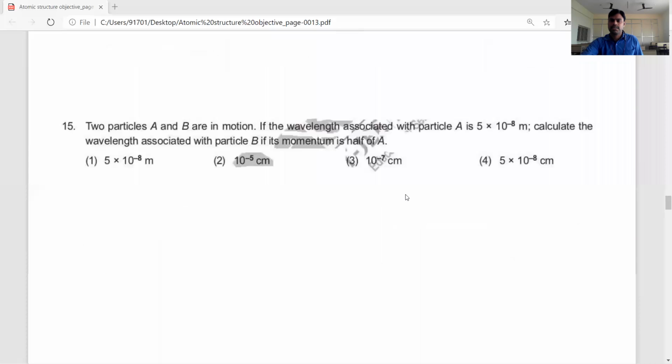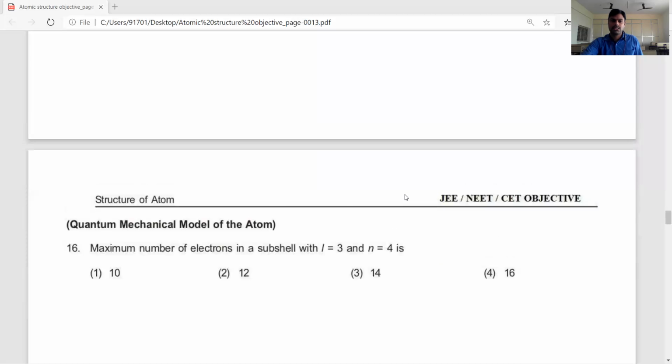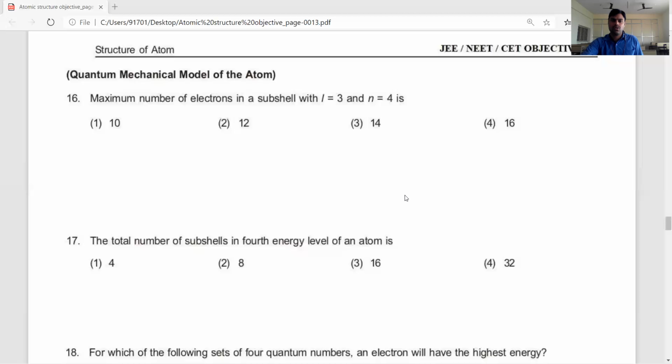Next question. 16th question, related to quantum numbers or quantum mechanics of atom. It's very easy. The maximum number of electrons present in a subshell with l equal to 3, n equal to 4.